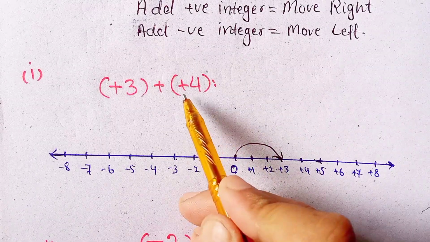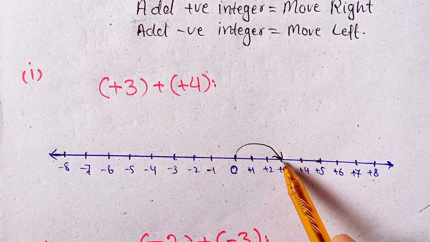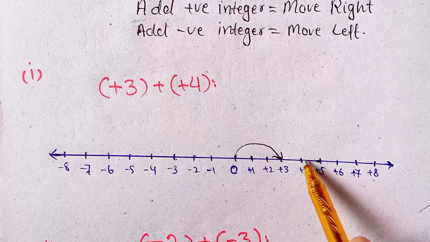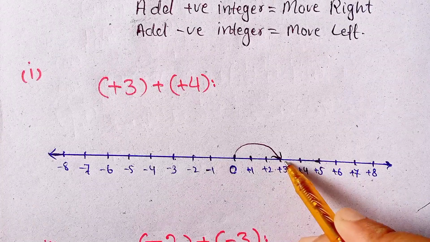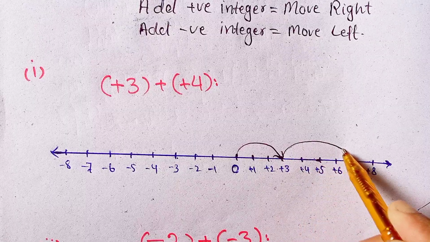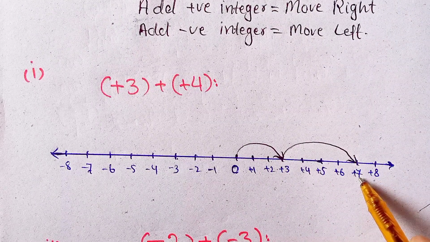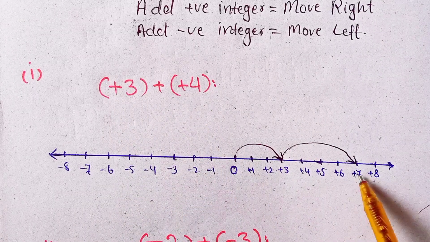Now I am gonna add positive 4 with positive 3. So I will start from positive 3 and count 4 unit distance to the right on the number line. So this is 1, 2, 3 and 4. So I will start from positive 3 and will land on positive 7. Right, so this is our required point, as positive 3 plus positive 4 equals positive 7.